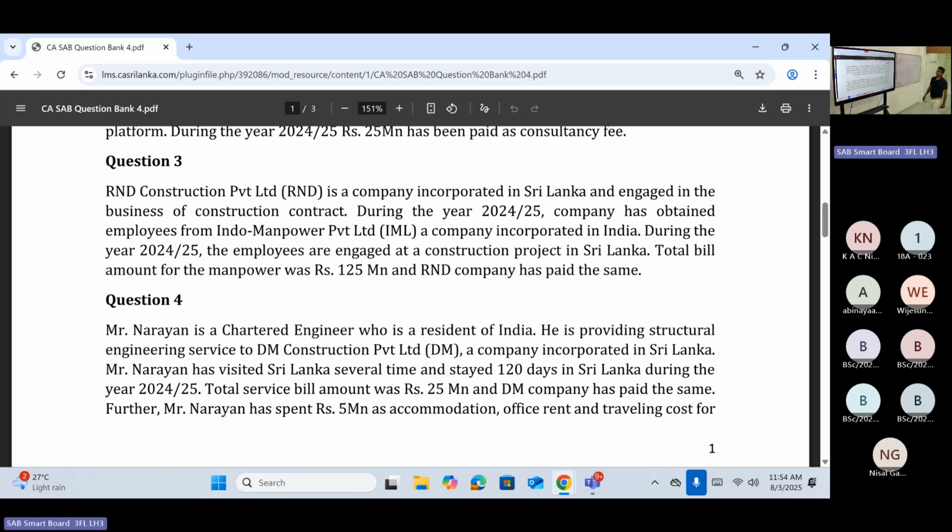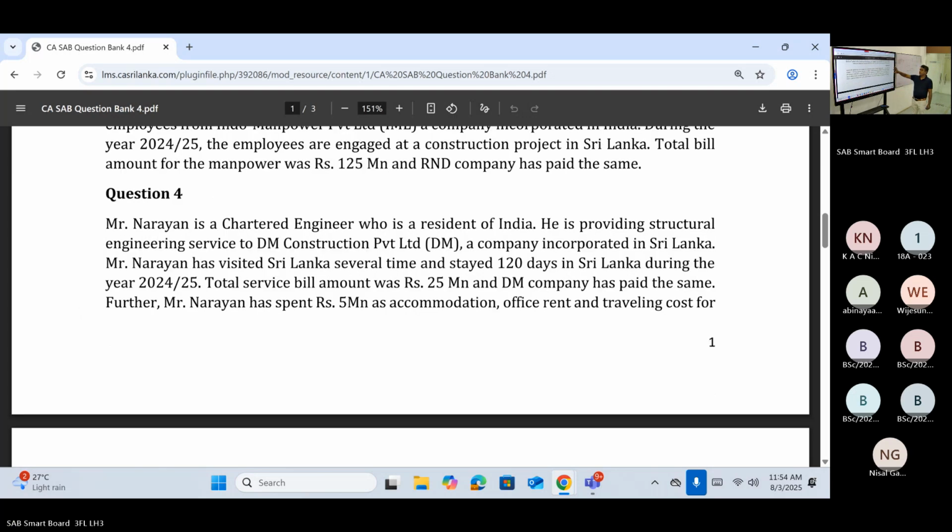Mr. Narayan is a chartered engineer who is a resident of India. He is providing structural engineering services as a service provider to DM Construction, a company in Sri Lanka.